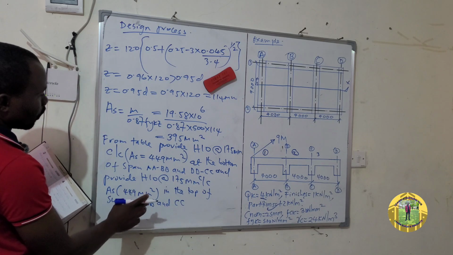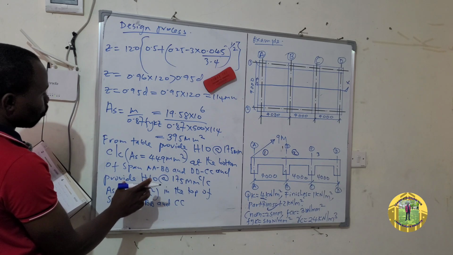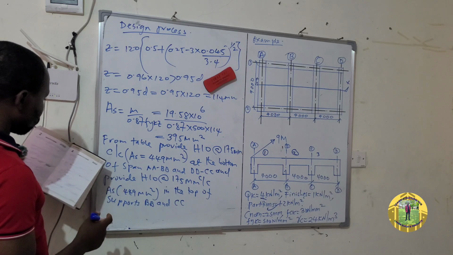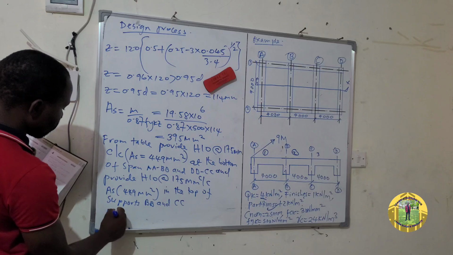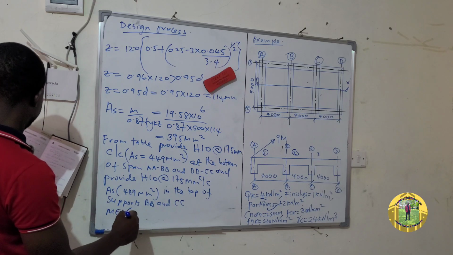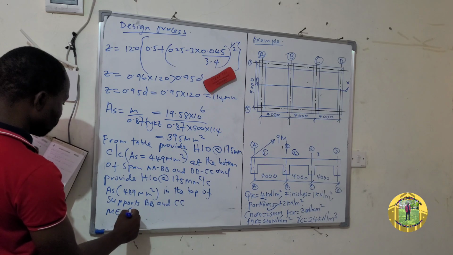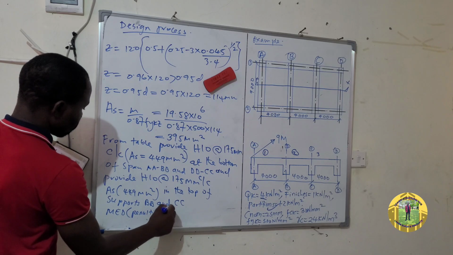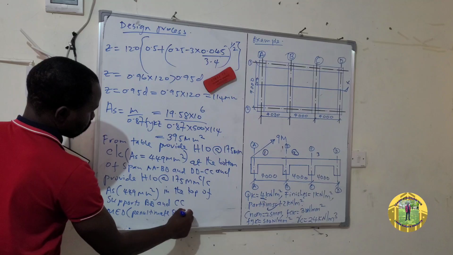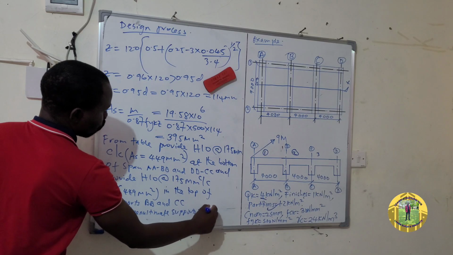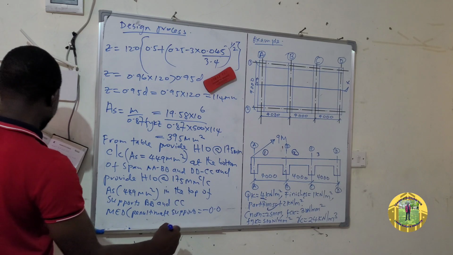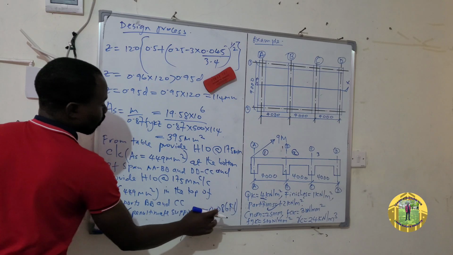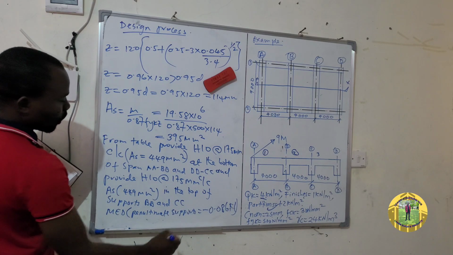Why are we providing the same size of bar and the same spacing? Is because MED for penultimate support is equal to negative 0.086 FL. So the formula remains the same, but what changes is the sign.